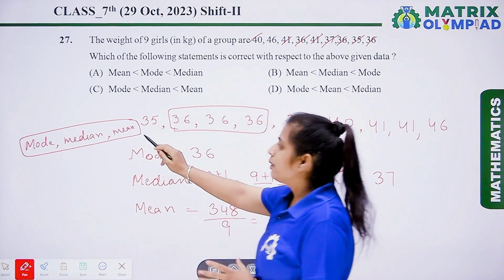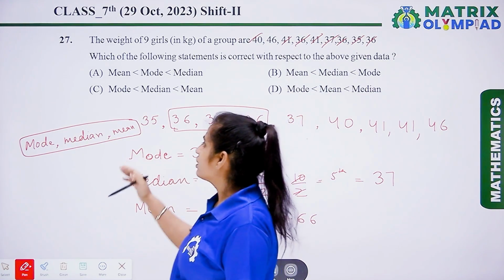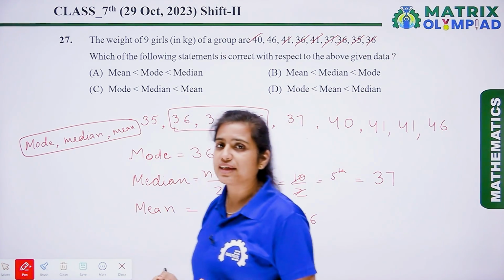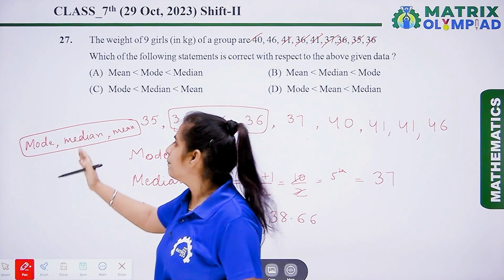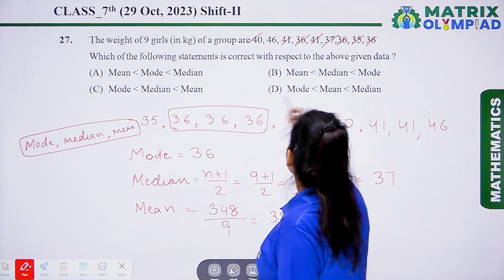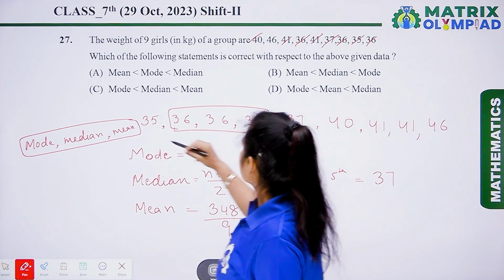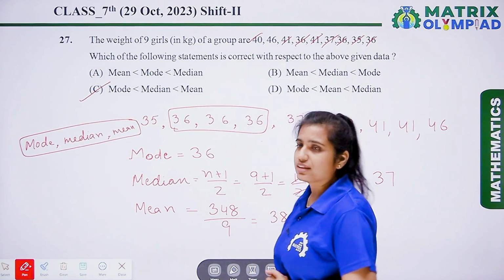Mode, median, mean is the ascending order, and if the descending order is asked, then the sequence will start from the mean, median and mode. Let's check the answer. Here, out of these four options, we have option C as the correct answer.